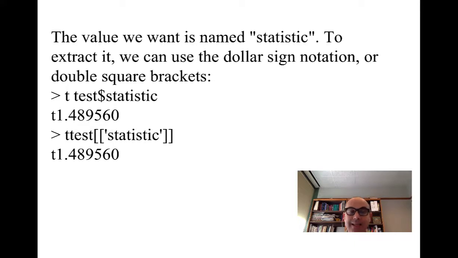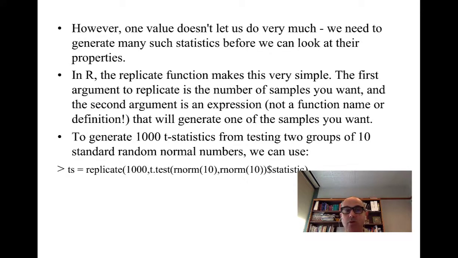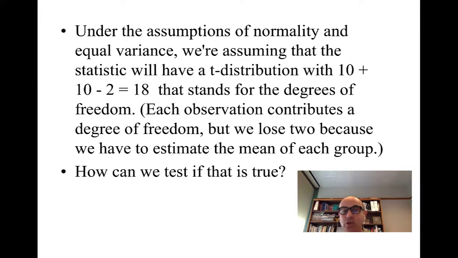In this case, t-test dollar sign statistic, and we will get the same thing. Again, we can do the same with double brackets around statistic in order to get the same result. So this is where we can manipulate the t-test in R in order to get a more accurate reading out of it.